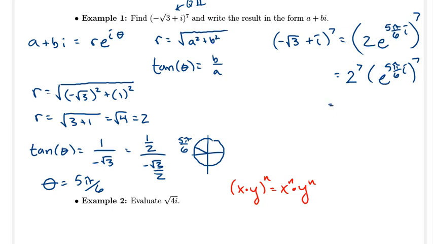And then we also remind ourselves that if I have a power raised to a power, all I'm going to do is multiply those exponents. So I can calculate 2 to the 7th, which is 128. And then I take e to the 5 pi over 6 i times 7.